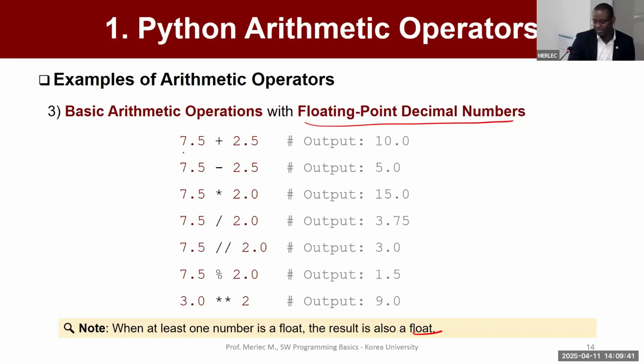Like you can see here, 7.5 plus 2.5, the result will also be in the decimal floating format. So this will be 10.0. When I do minus, it will also represent the result with decimal points. Same for the multiplication, the floating division and the modulus as well.